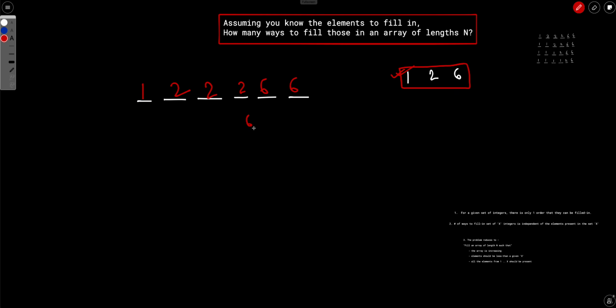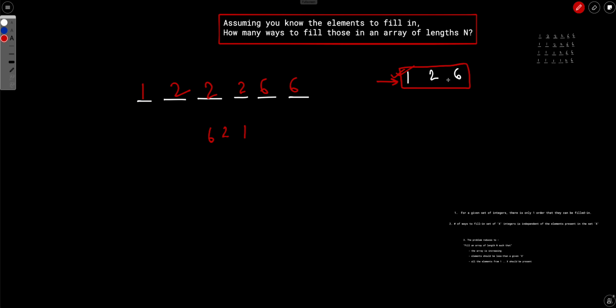Similarly, there is no valid solution in which 1 would come after 2, and similarly, none wherein 1 will come after 6. So basically what we are seeing here is that for a given set of integers, there is only one possible arrangement to fill these integers in, and that arrangement is in increasing order.